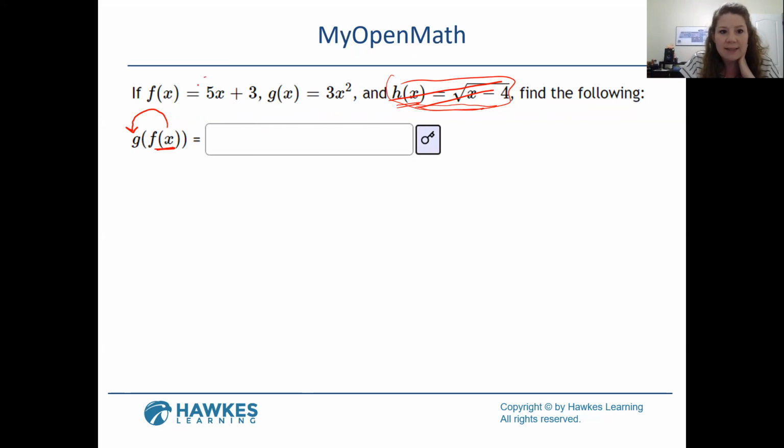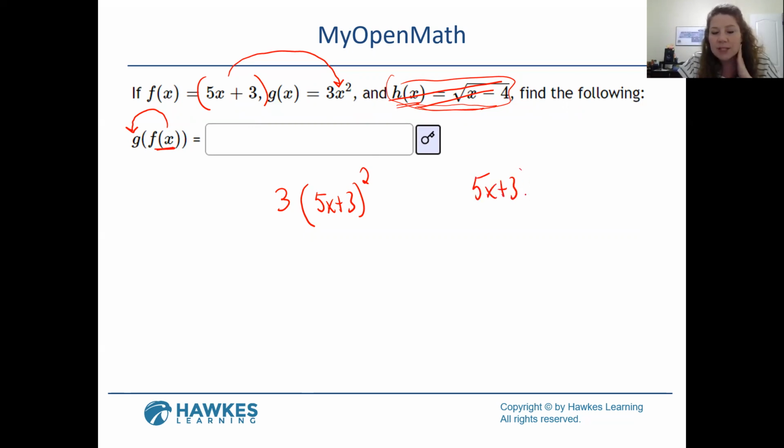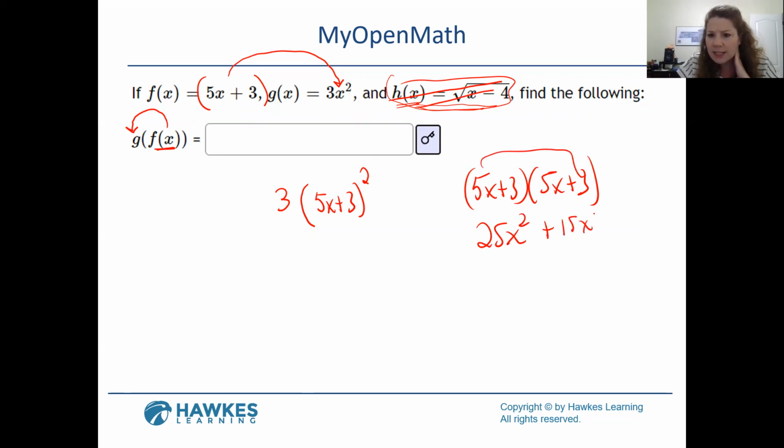So we're going to take this expression, we're going to plug it into g for that x right there. So on g, we're multiplying 3 times x, which is 5x plus 3, and then it says squared. So let's square 5x plus 3 first. So we get 25x squared plus 15x plus 15x plus 9.